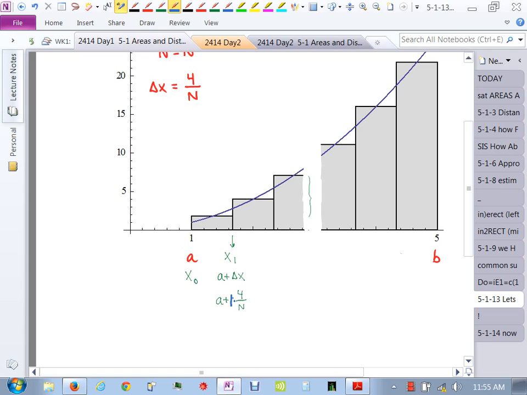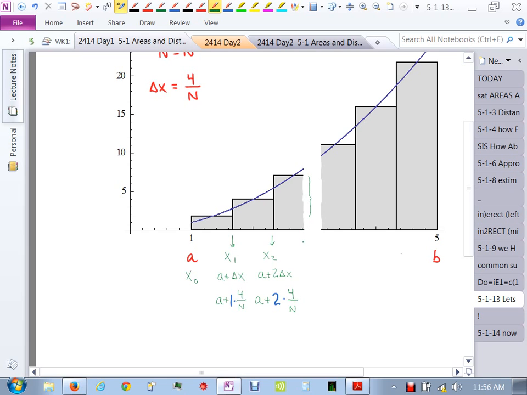The next one, to get to x2, which would be my next right endpoint, I would take A and jump how much? 2 of the delta x's, which is a plus 2 times 4 over n. And yes, I understand that you could make that 8 over n. Don't, because of where we're going with this.